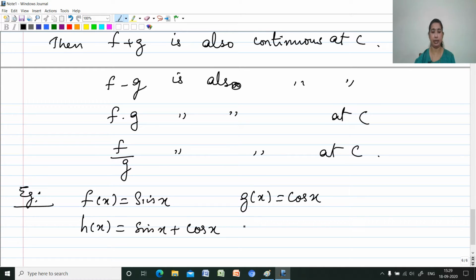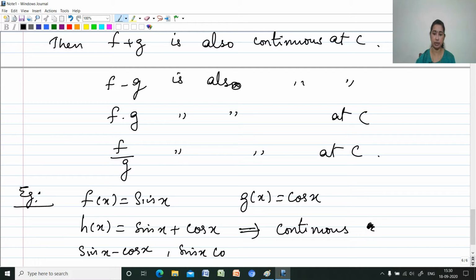So definitely h of x also will be continuous, because if two functions f of x and g of x are continuous, their sum also will be continuous. So we can say that h of x is also continuous at the given point. Same way, sin x minus cos x is also continuous, and sin x into cos x is also continuous.